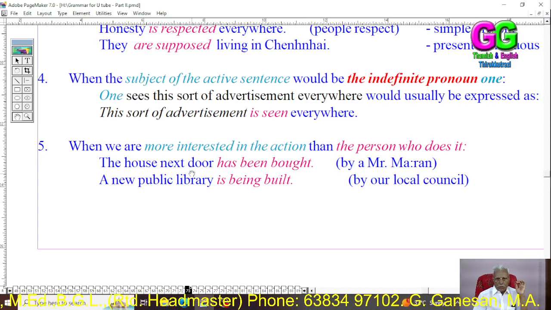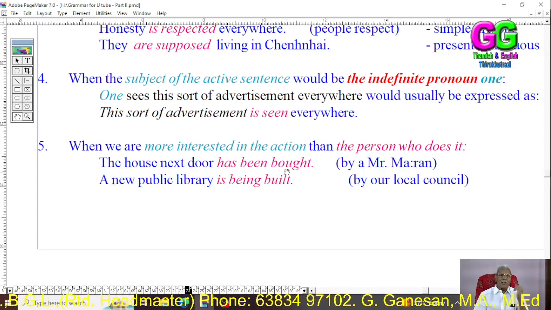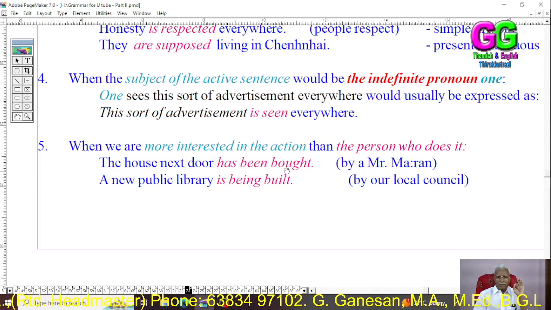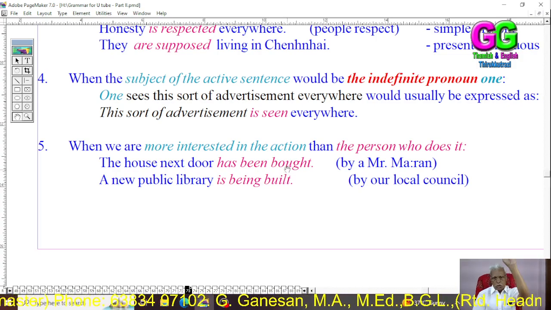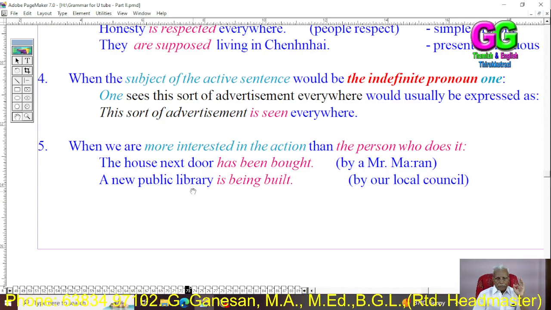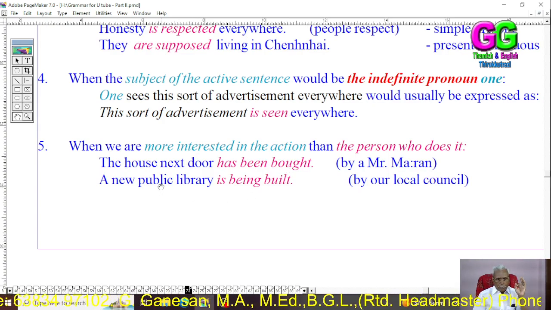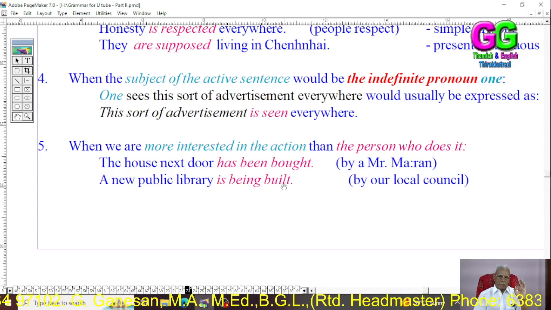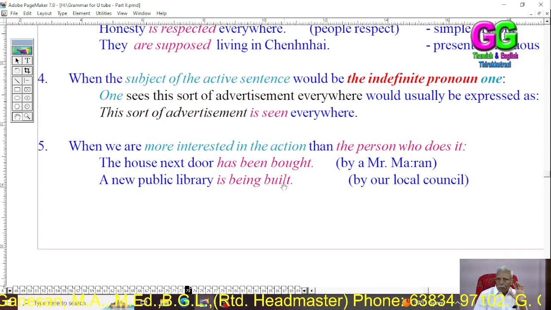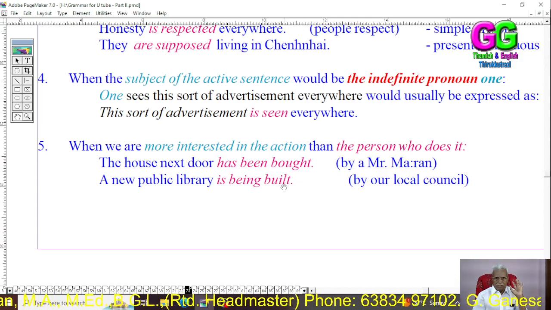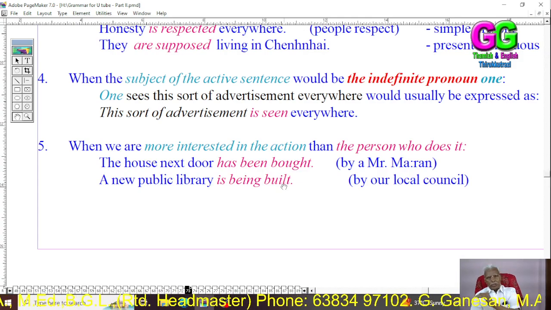The house next door has been bought. That is, somebody has bought the house next door. Here, it is not who bought it, but that the house has been bought. Another: a new public library is being built. Here, what is being built is the main action. It is not who is doing it.